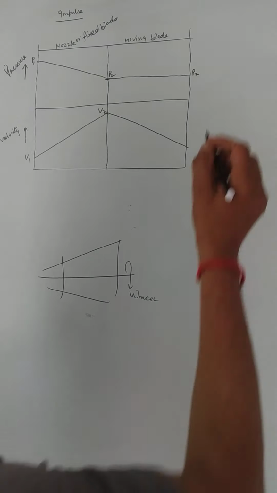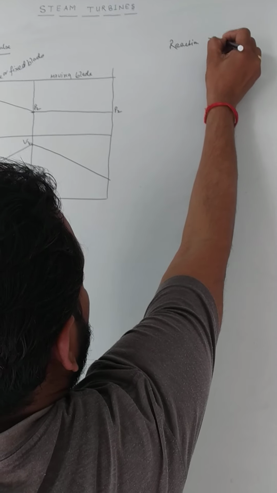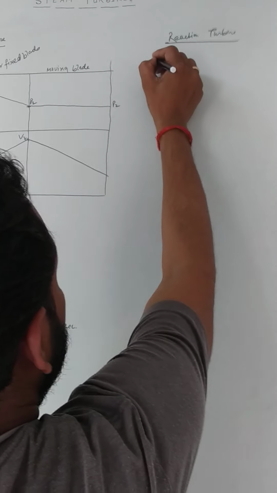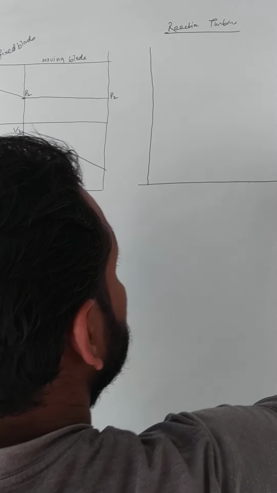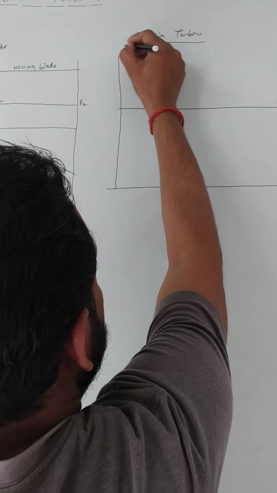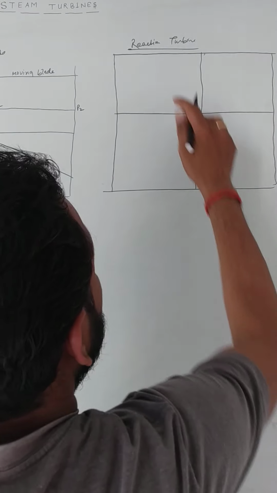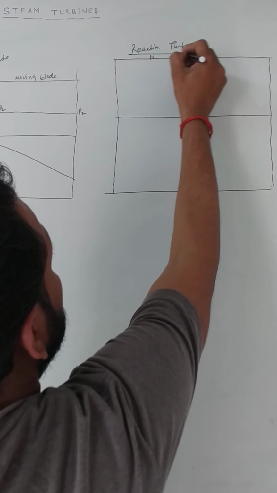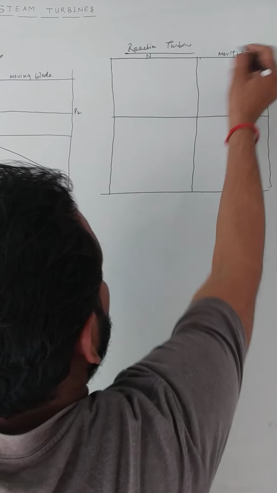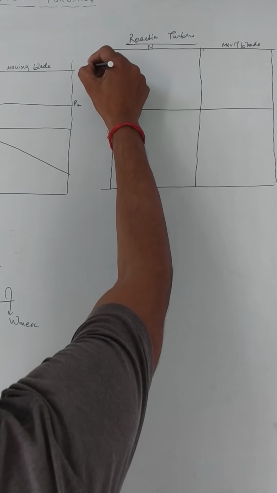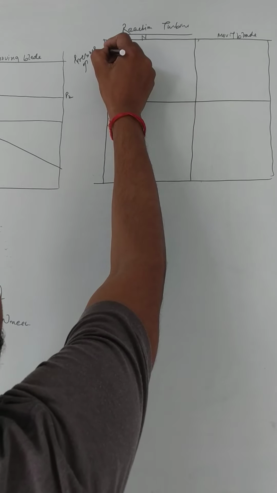If you talk about the reaction turbine, then this pressure and velocity distribution can also be plotted. This is nozzle, this is moving blade. Pressure drop takes place.